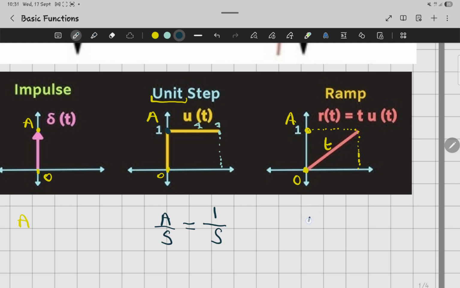It's gonna be a times t. Okay, and then if you have to write this in the S domain, you will get something like this: A over s squared. Okay, and since A equals 1, it will be 1 over s squared.